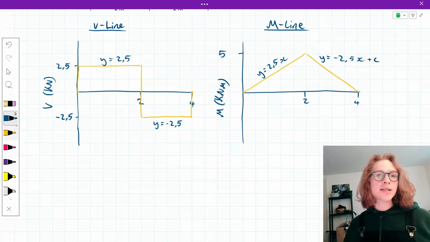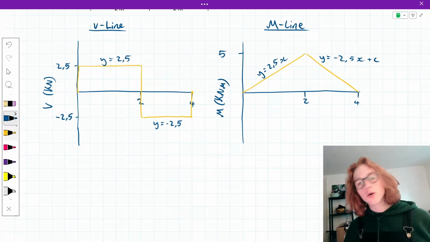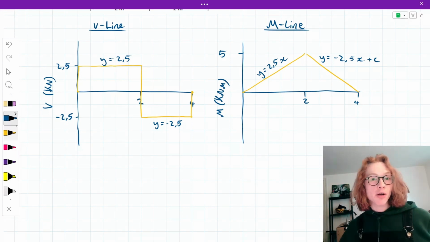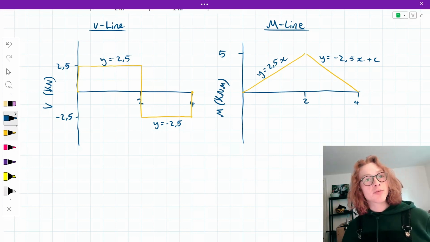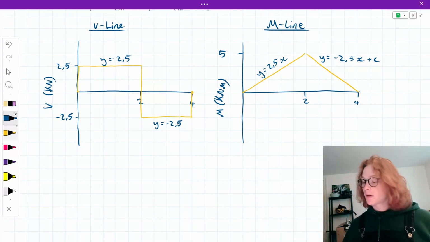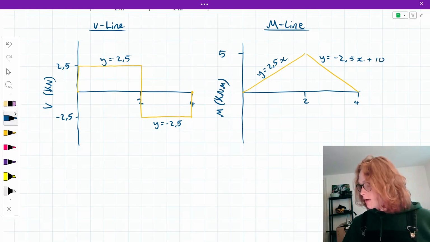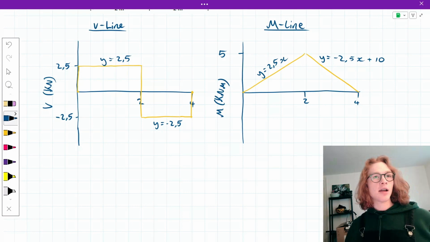We can work out that c by plugging in the value of 4, because when x equals 4, y equals 0. So 0 equals minus 2.5 times 4 plus c, so 0 equals minus 10 plus c. So c equals 10. Therefore, we now know the equation of the second line.